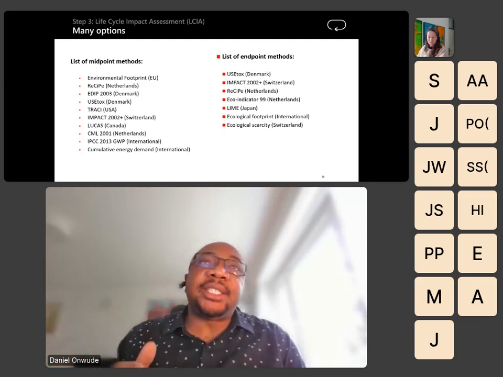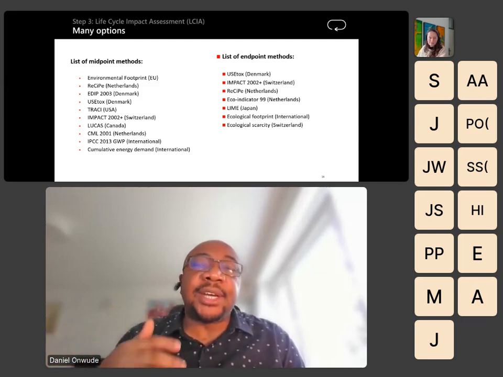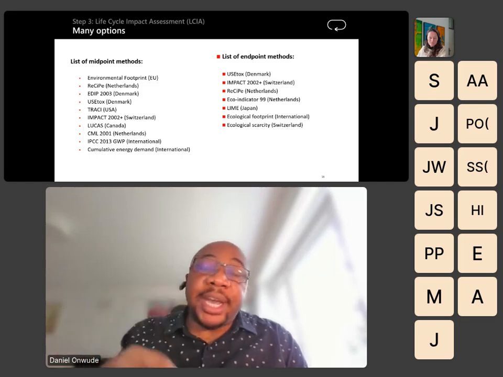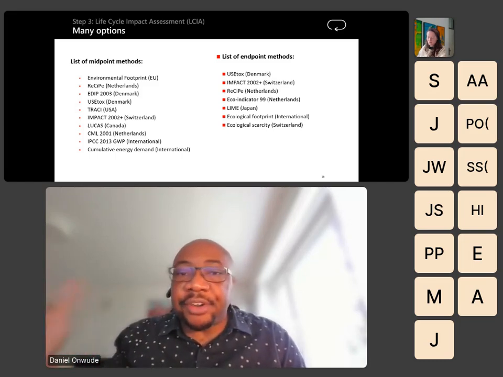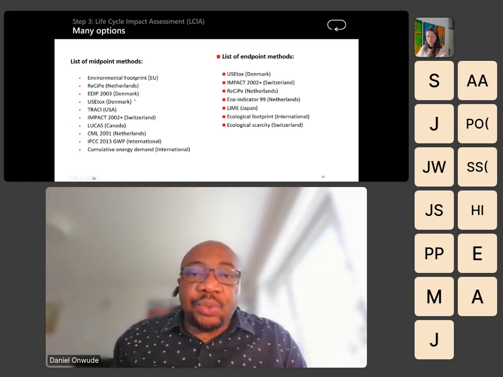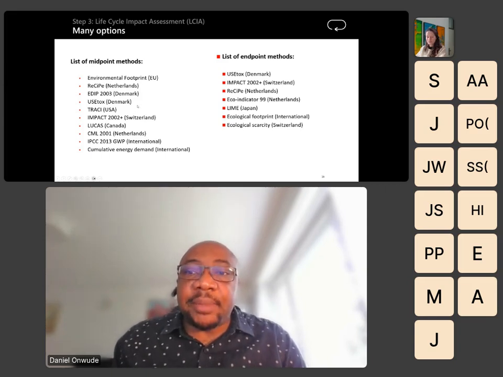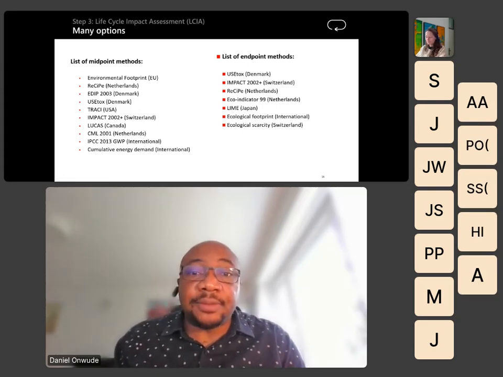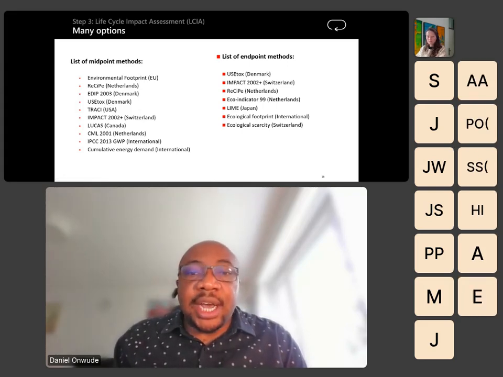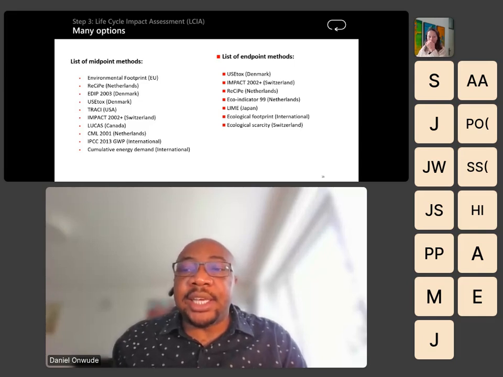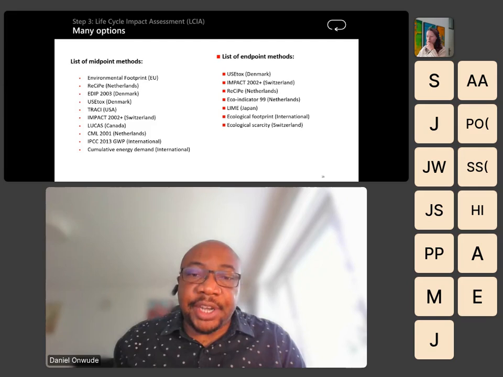There are many LCIA, which is life cycle impact assessment, methods, which have been developed by different countries or different regions. On the left here, we see the midpoint methods like ReCiPe, CML, IPCC GWP, and so on. All these focus on individual impact categories, such as climate change or acidification, right?